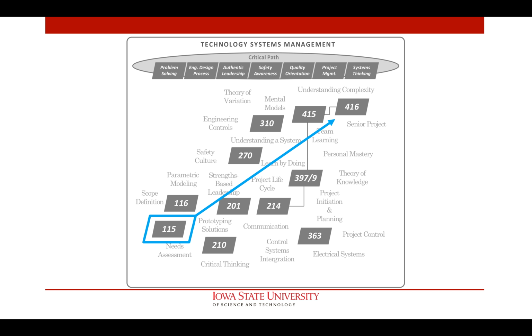All of these courses are leading from projects and problem solving up through systems thinking, and really trying to train all of us in how to do those things. So that's the focus of the Technology Systems Management degrees, the critical components of what we're trying to teach in all of these courses.